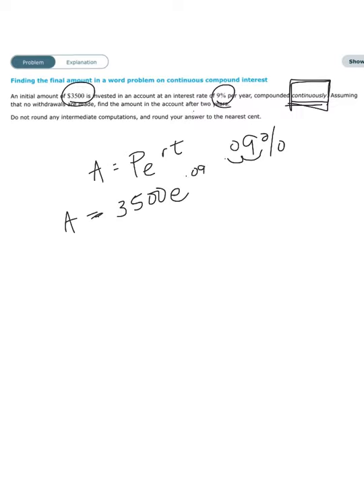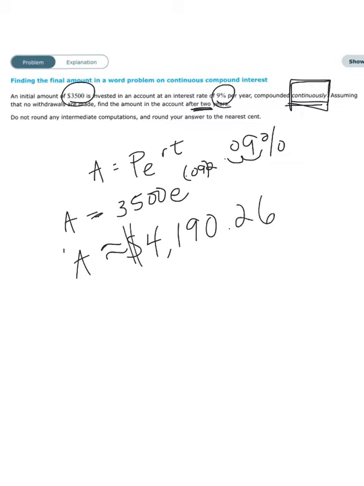And then we want to know how much is in this account after 2 years. So we're multiplying. So if we put this in the calculator, we get $4,190.26. And that's our answer.